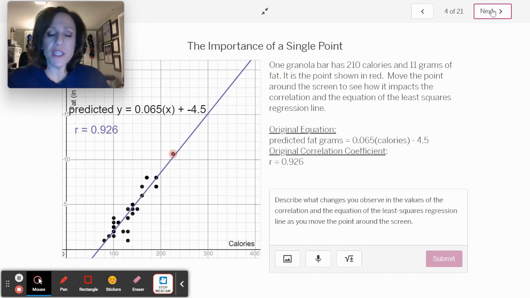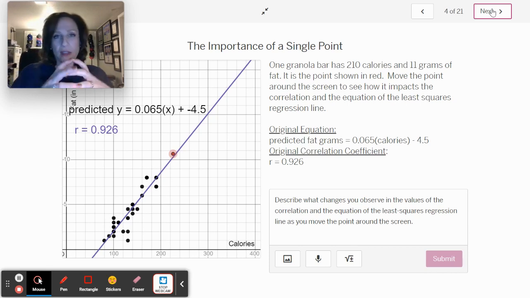Now, while you're finishing that up, I'll go ahead and talk to you about the lesson today. Yesterday we talked about transforming all the data and how that impacted the slope sign, positive or negative. But we also talked about how those transformations don't impact the correlation, because all that proportionality remains the same around the line.